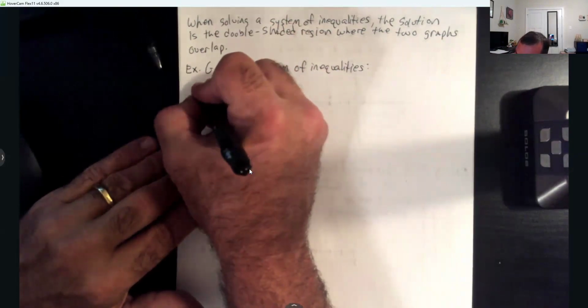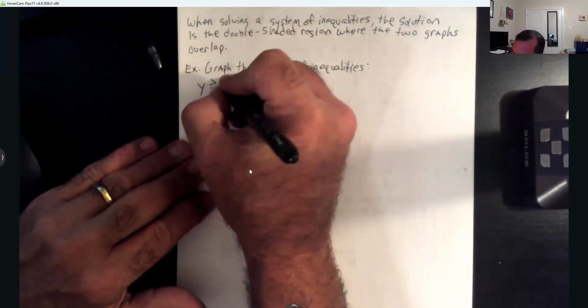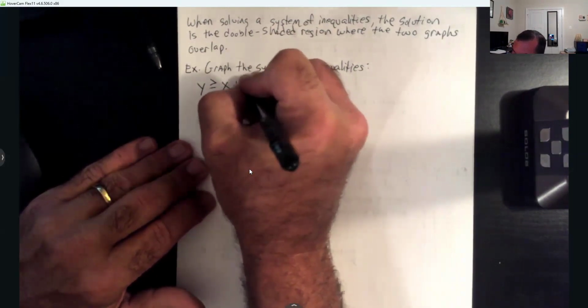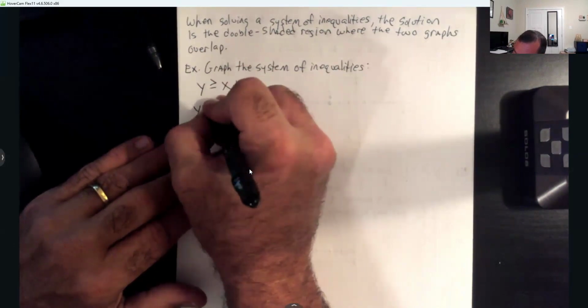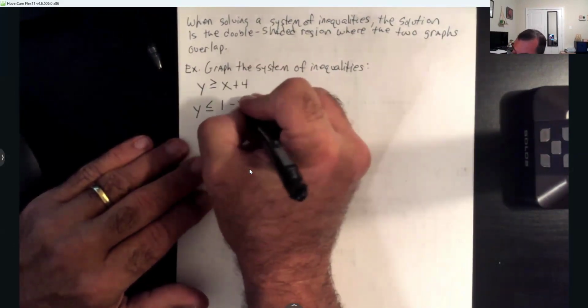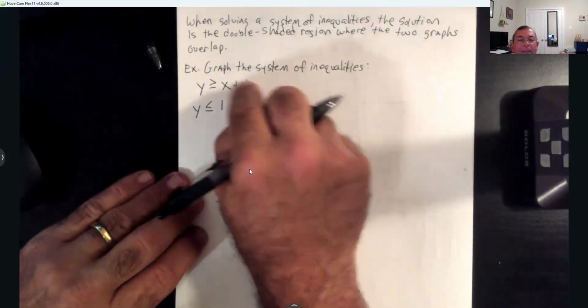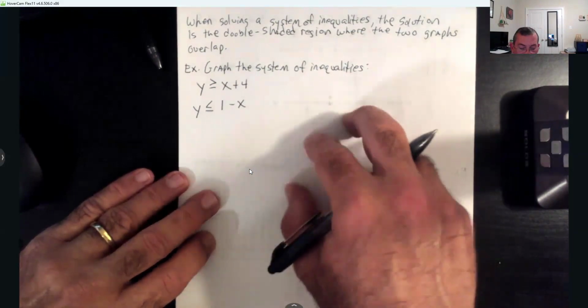My first equation is y greater than or equal to x plus 4. My second equation is y less than or equal to 1 minus x. So I'm going to graph both of these, and then I'm going to look for the double shaded region, okay?